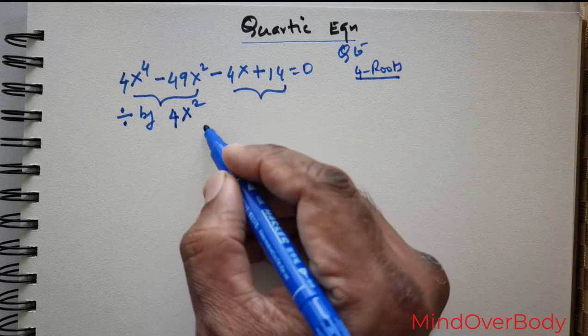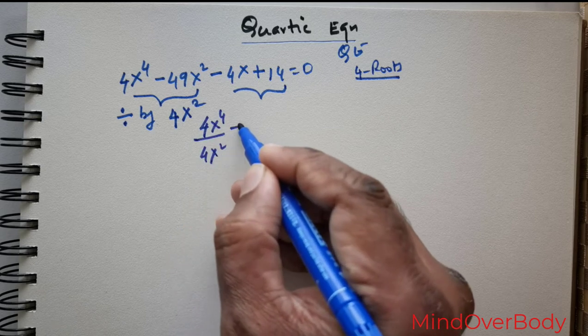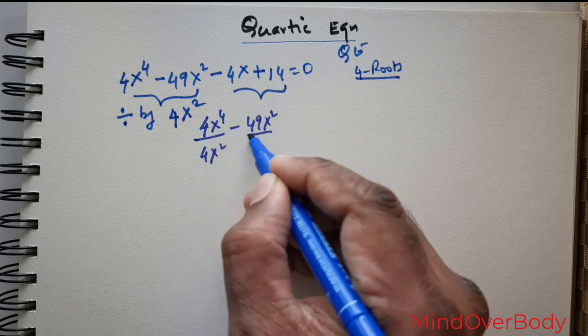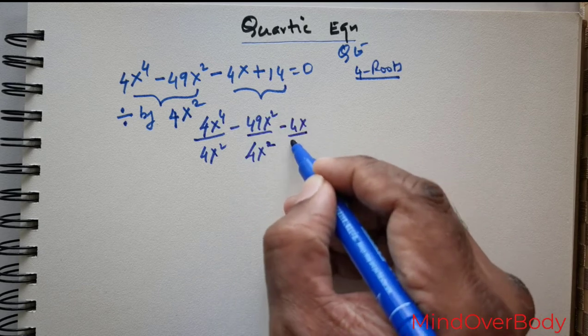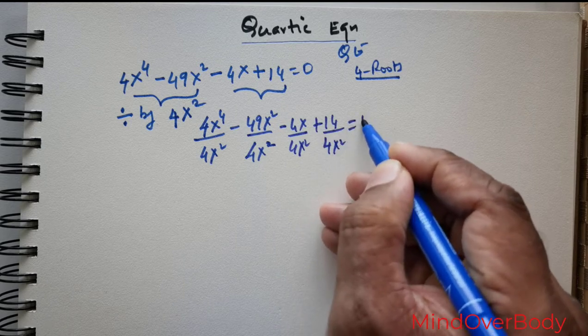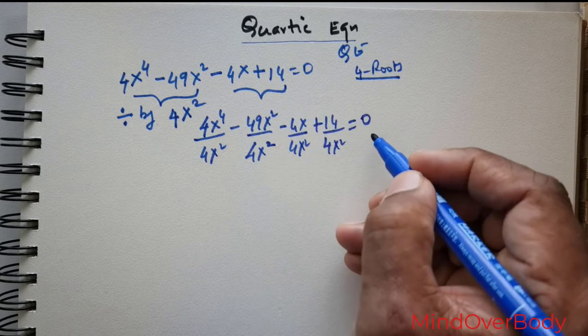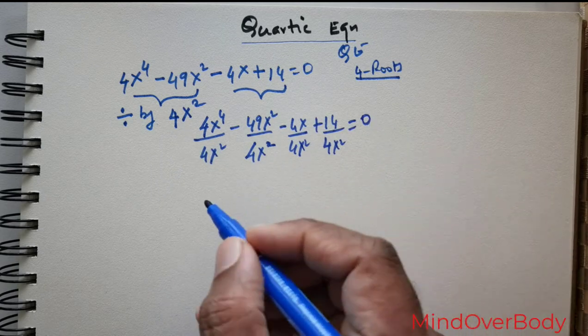When I do that, I get 4x^4 divided by 4x^2, minus 49x^2 divided by 4x^2, minus 4x divided by 4x^2, plus 14 divided by 4x^2, is equal to 0. Of course, on the right hand side, even upon division, the result is 0.